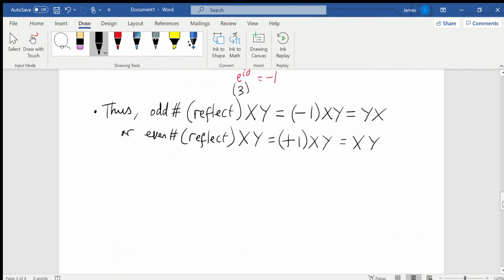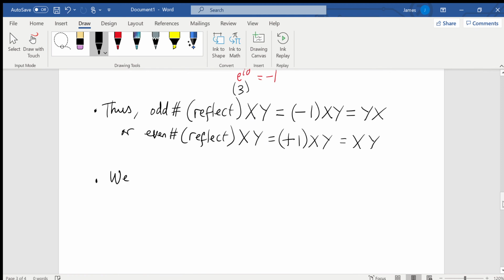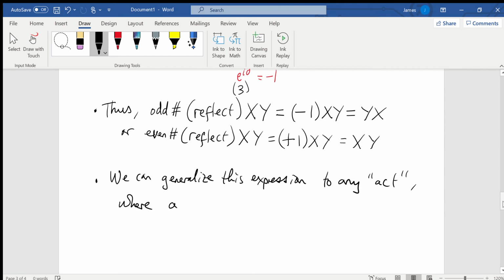Okay, all good. So let's conclude this page by saying that we can generalize this expression to any act, where when I spell act properly, act is e to the i delta.